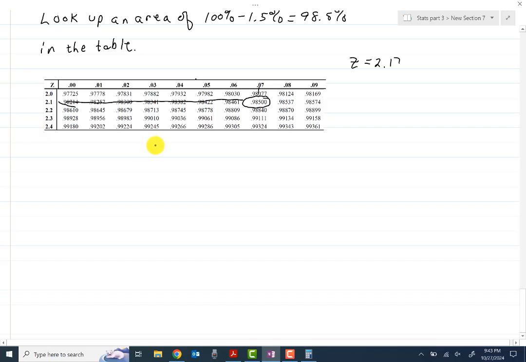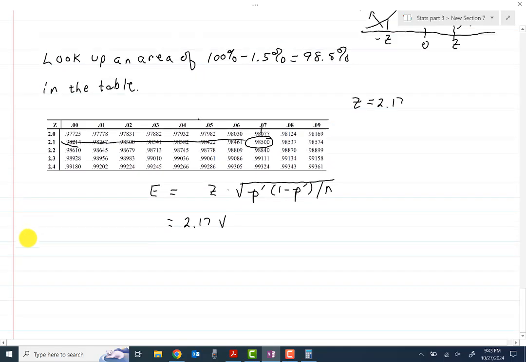So my error, maybe let me write out the basic formula first. And now we're ready to put 2.17 in.